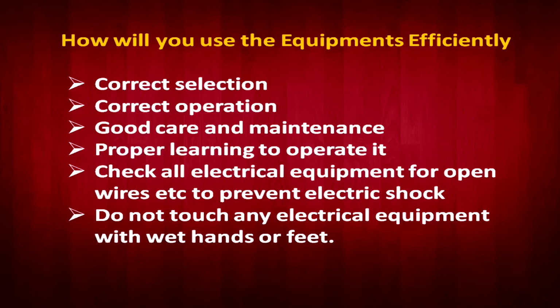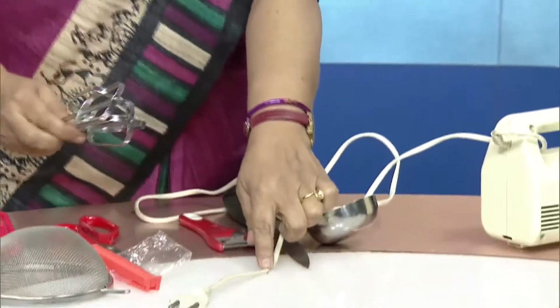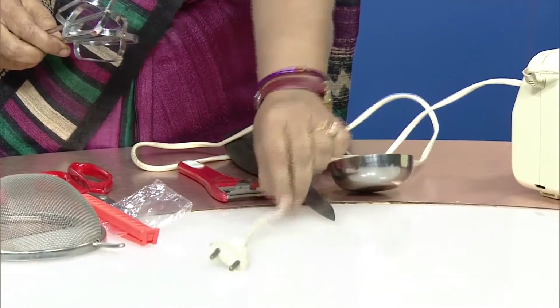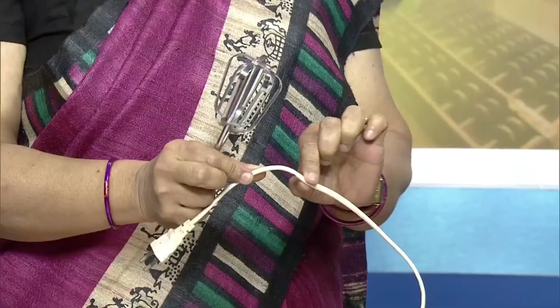We cannot use and throw, we have to reuse the thing. So we have to maintain it. In this equipment you have to check the plug point many times. If by chance it is in the kitchen and some hot pan is put over it, this wire will be open. So before operating, it should be very clean or should be repaired before use.